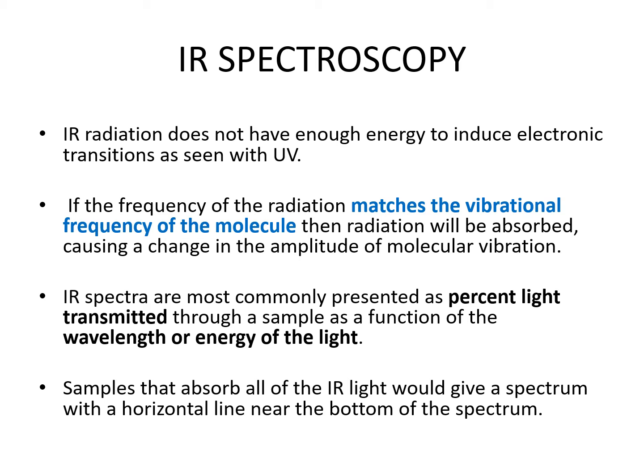So a given molecule tends to display these vibrations if the frequency of the radiation matches the vibrational frequency of that molecule. Then those vibration modes can be observed in a molecule.